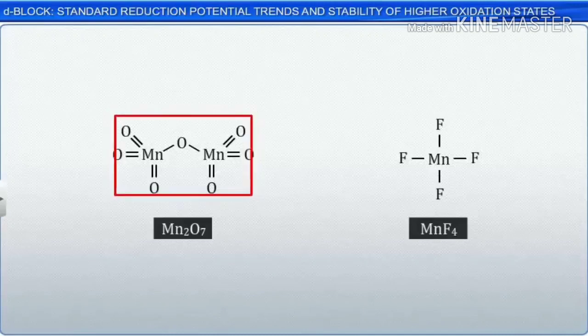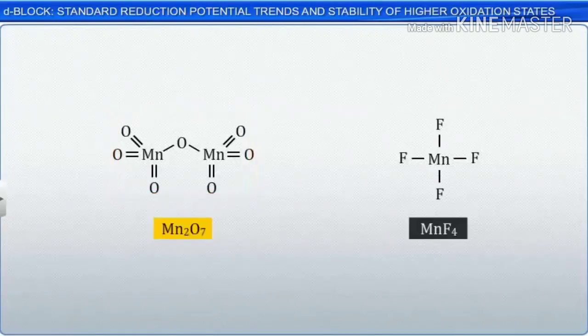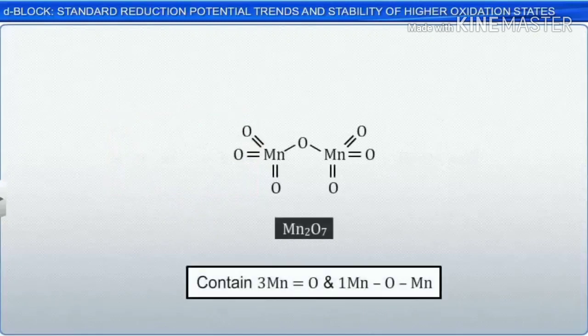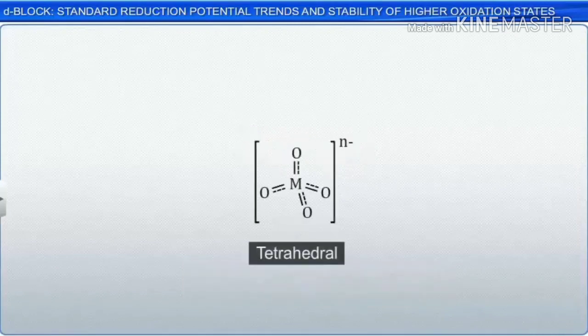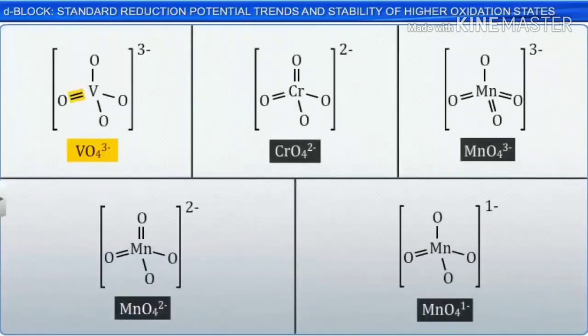In this compound, each manganese atom is surrounded by 3 doubly bonded oxygen atoms, including an Mn-O-Mn bridge. Similarly, oxygen also forms double bonds in the tetrahedral MO4^n- ions, known for vanadium-5, chromium-6, manganese-5, manganese-6, and manganese-7 ions.